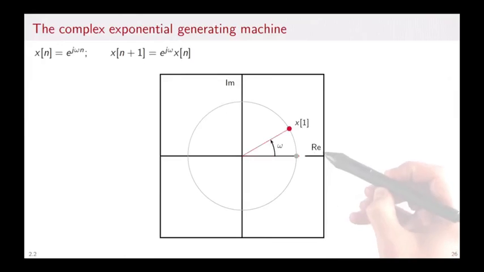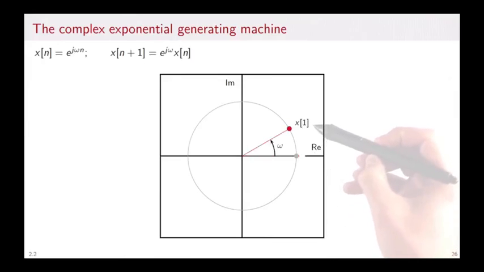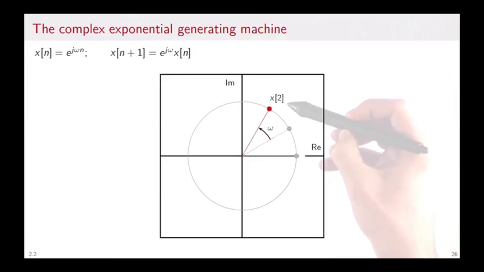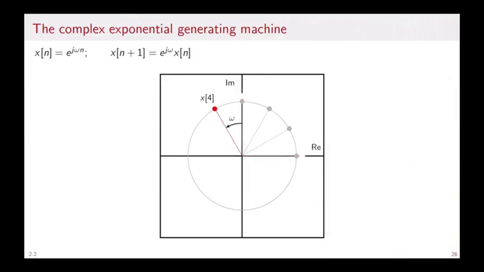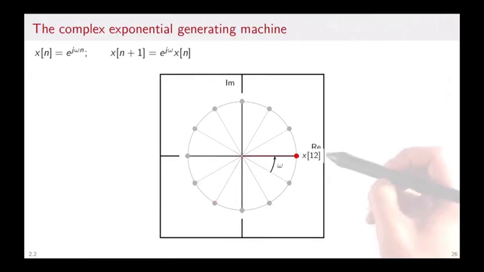Then it will move by omega. That gives x[1]. By 2 omega is x[2], etc. It will keep going x[4], 5, 6, 7, and so on. And in this particular case, x[12] happens to be back at the origin. And therefore, it will be a periodic, discrete, complex exponential.